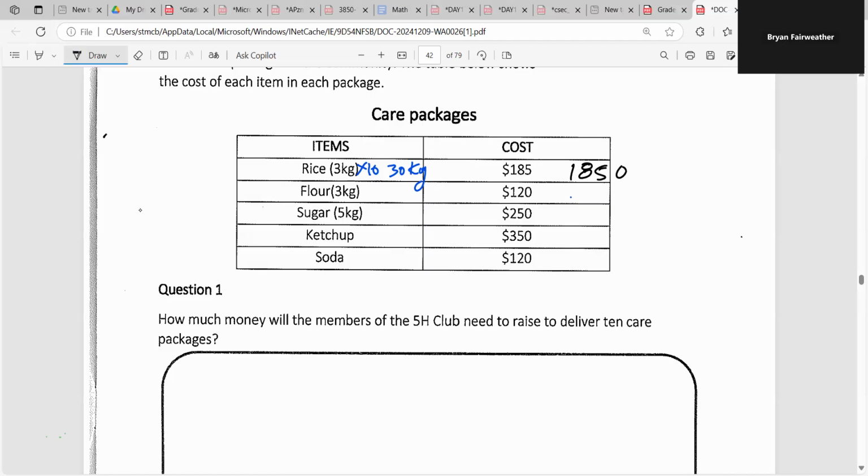And then for flour, I did the same thing. So flour would be 3 kilograms also. The same thing that I did for the rice would go down for the flour, but for the money, it would be changed. So 3 multiplied by 10 would equal 30 kilograms. And then 120 multiplied by 10 will give you 1,200.